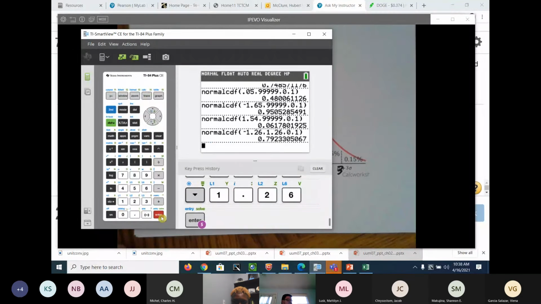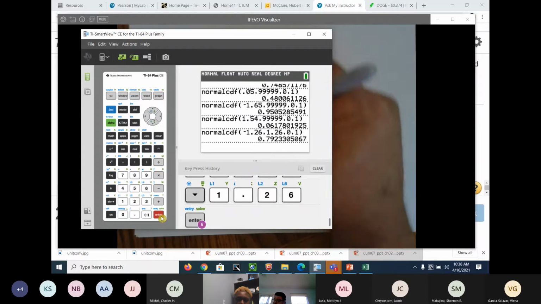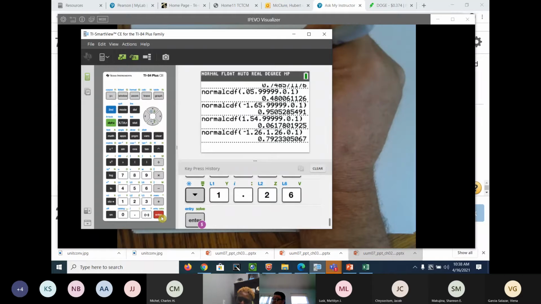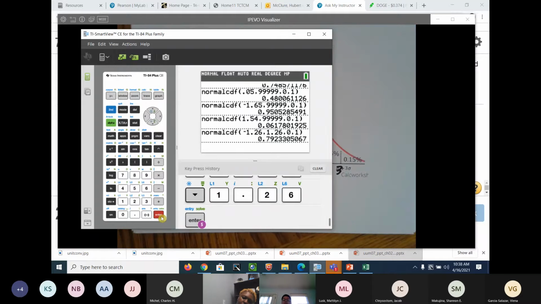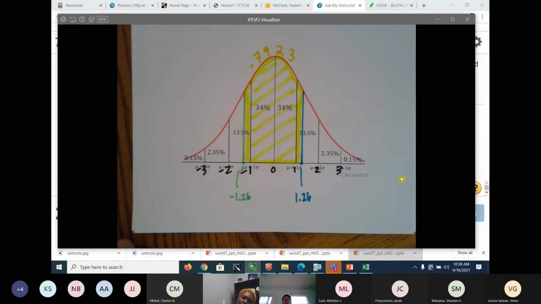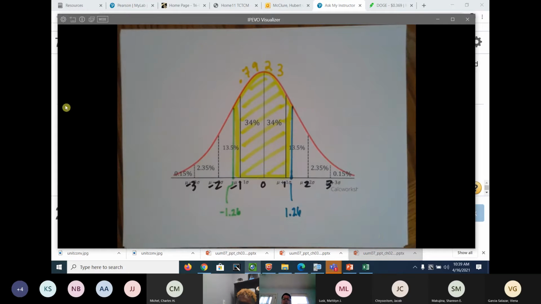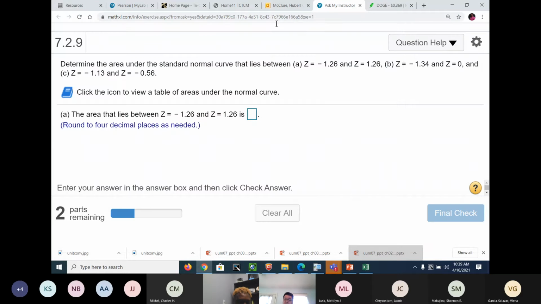And I get 0.7923. And that should be your answer. That's why you draw a picture so you can see it. So 0.7923.